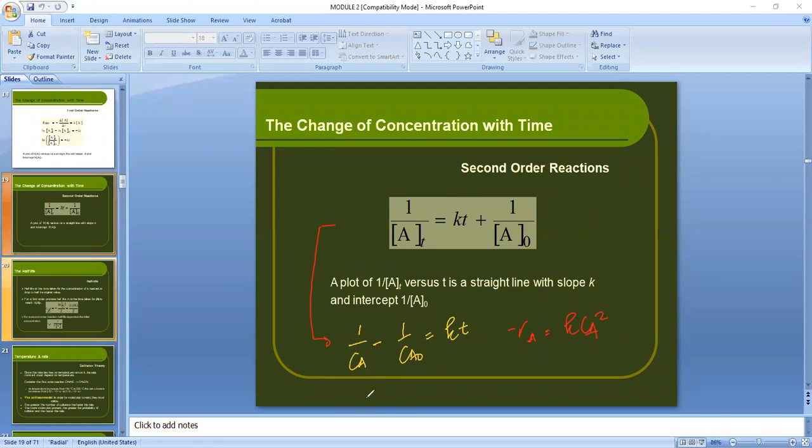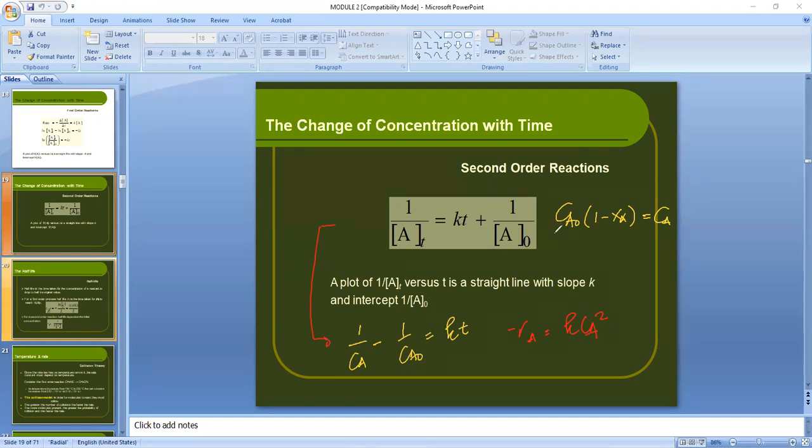Still, you can solve for whatever the problem requires if it's in terms of conversion. Just recall this very fundamental relationship between CA and conversion. The same is true with any species. This could be B, this could be C. Now, we change this to a different representation if we're talking already of the product.